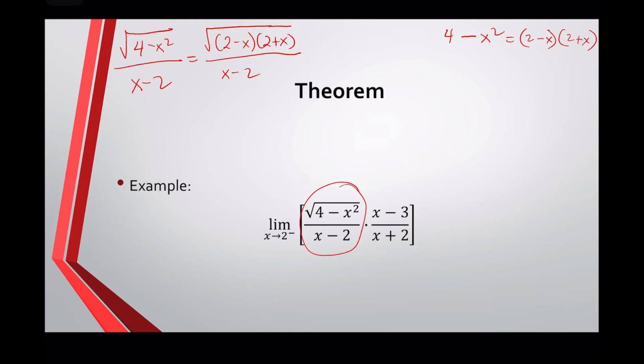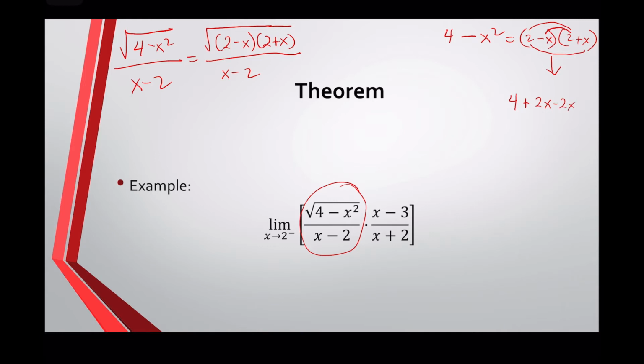So if we try to verify this using the FOIL method, the first terms, 2 times 2, that's 4. Next would be outer, 2 times x, that's plus 2x. Then we have the inner terms, negative x times 2, giving us negative 2x.